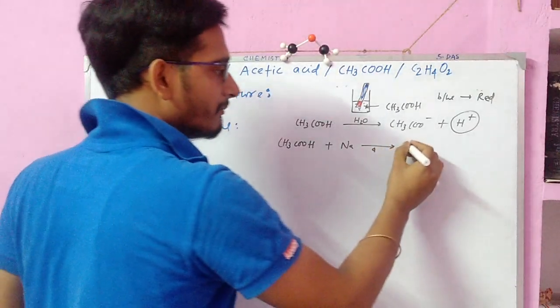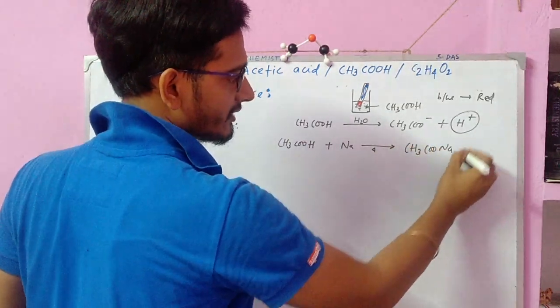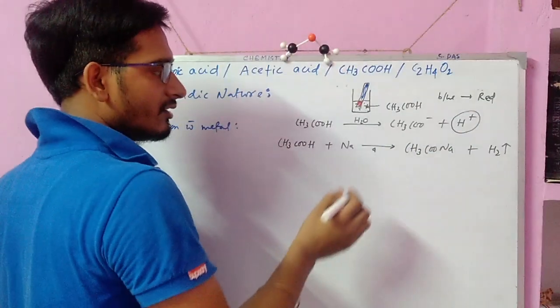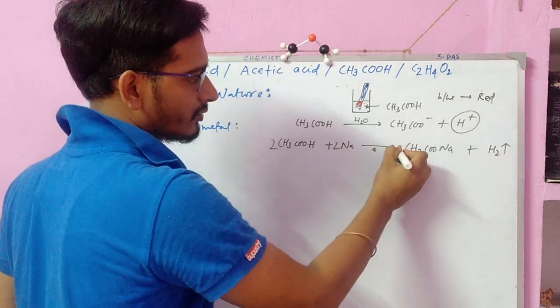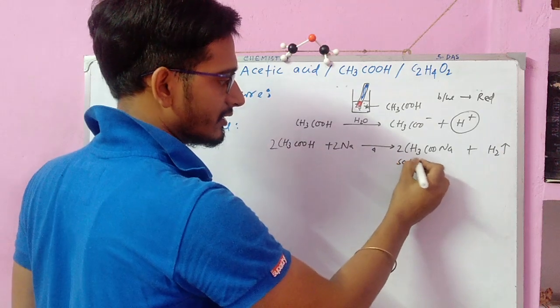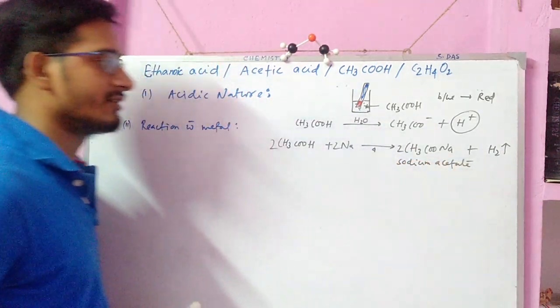So it will form the corresponding salt, sodium acetate, with the liberation of hydrogen gas. For the valence, you need 2 here, 2 here, 2 here. This is called sodium acetate, with the liberation of hydrogen gas.